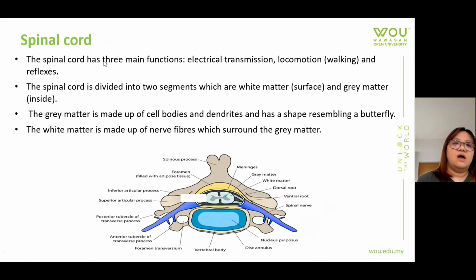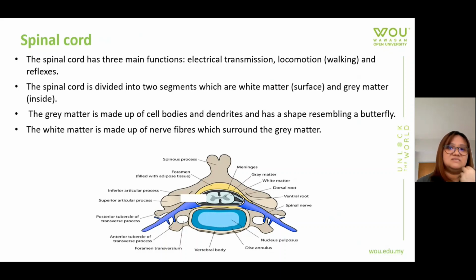Okay, so the spinal cord carries three main functions. The very first is electrical transmission, followed by locomotion and reflexes. And then the spinal cord has two segments. The first segment is the white matter, followed by the gray matter.